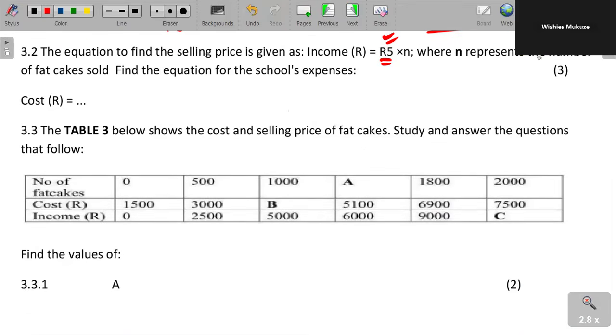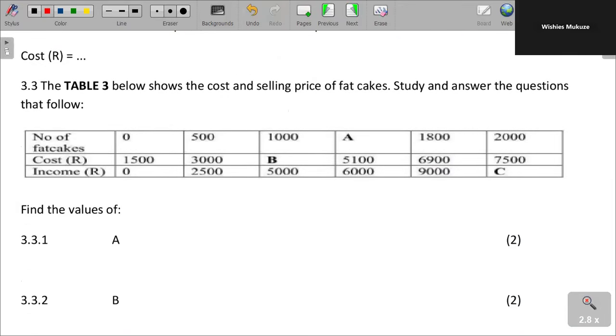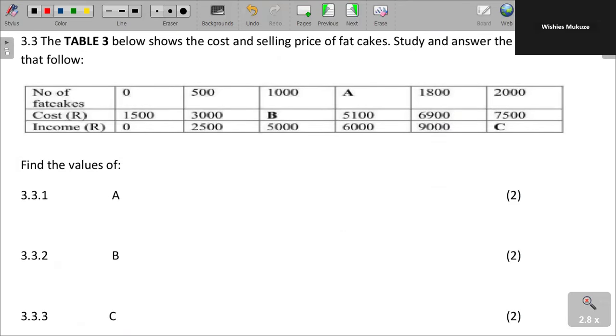And then the table below shows the cost and selling price of fat cakes. We have to answer the questions that are below. So if the number of fat cakes is 0, the cost is 1,500. Remember, this is the fixed cost.